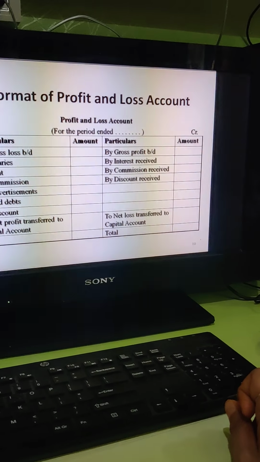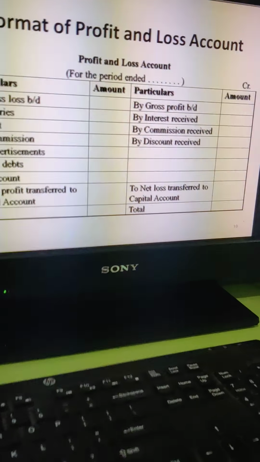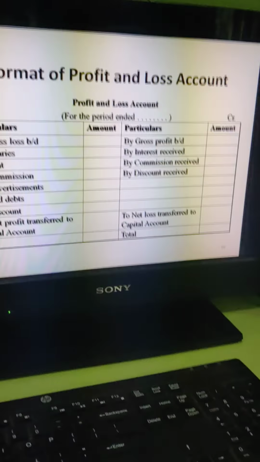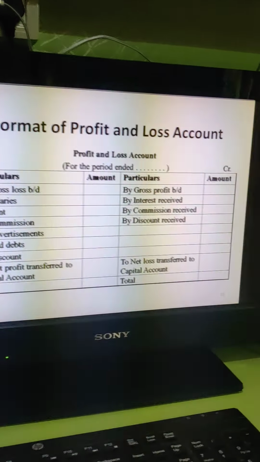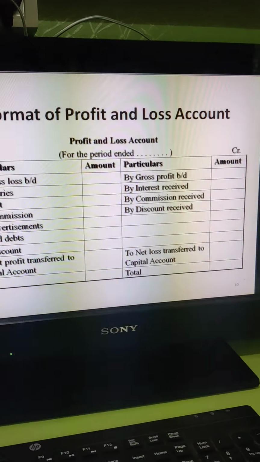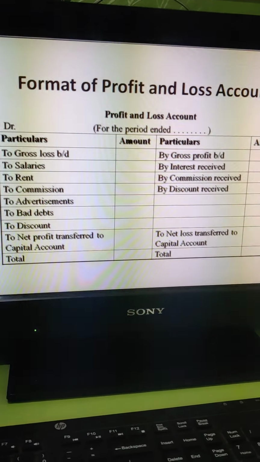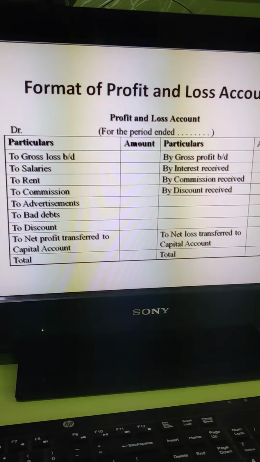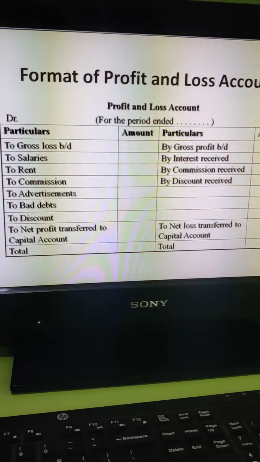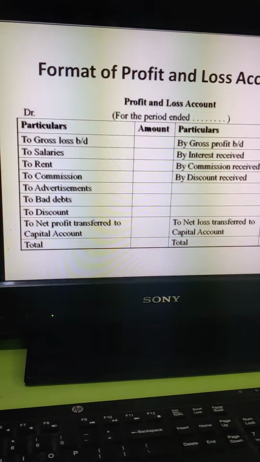And on the credit side, you may get certain interest. You may get some indirect incomes as well. So you may earn some kind of interest, maybe from the bank. You may also get some commission, some discounts from your suppliers maybe.